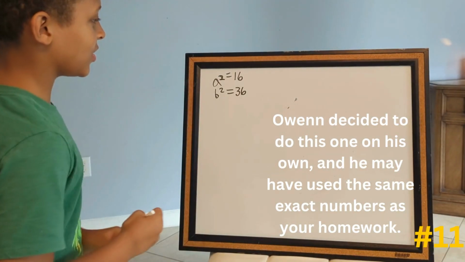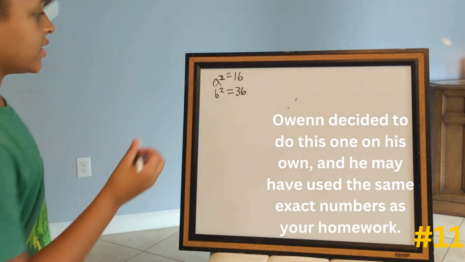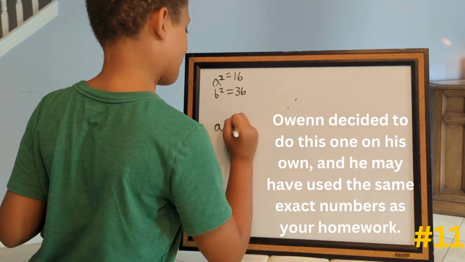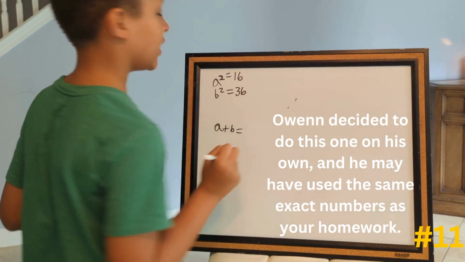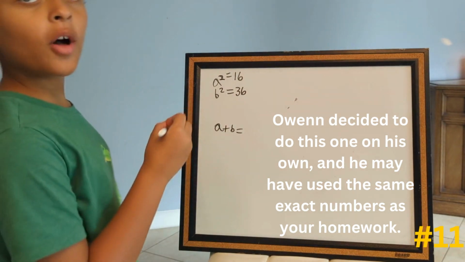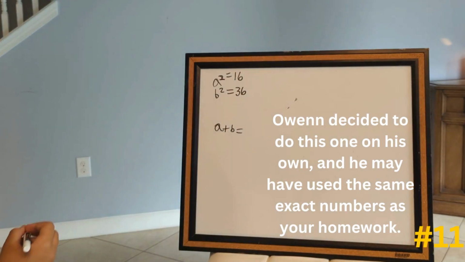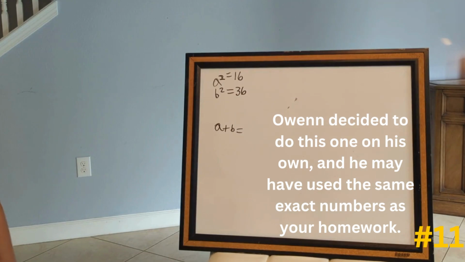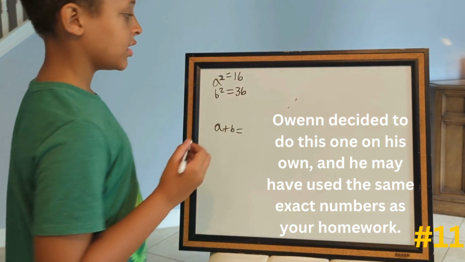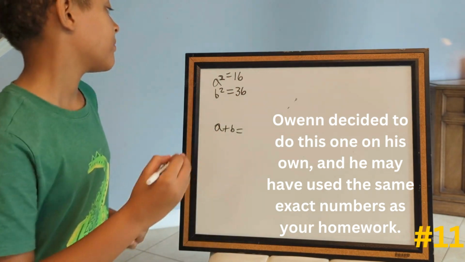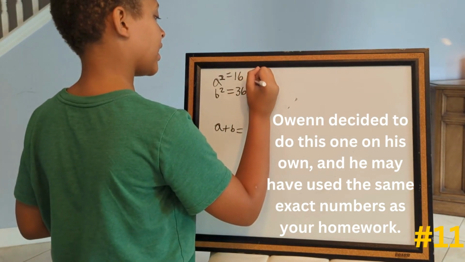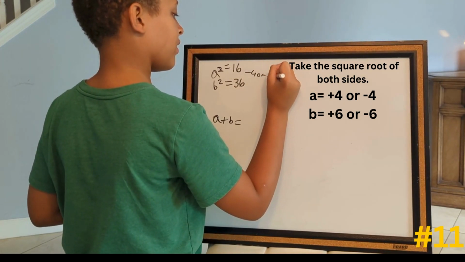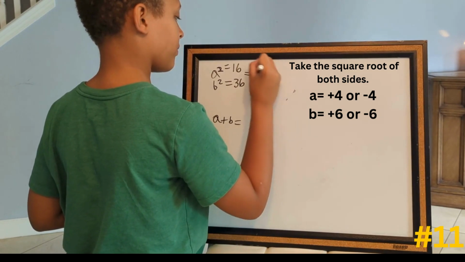Hey, this is something I'm going to do on my own. Okay, so we're trying to figure out what a plus b equals. And there's 4 possible answers for this. So a could be positive or negative 4.